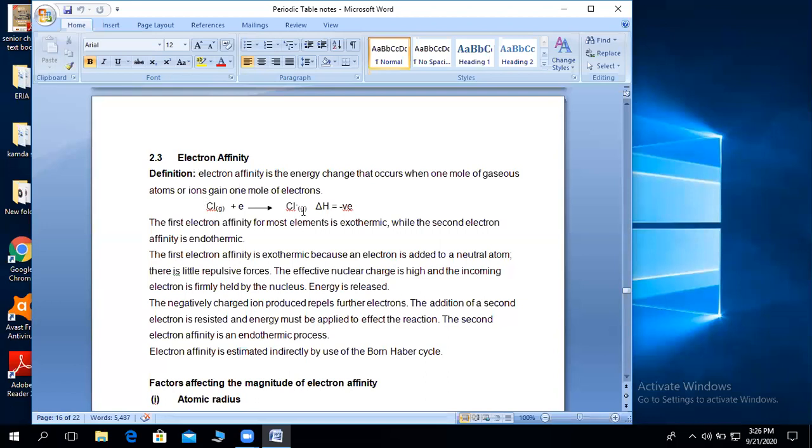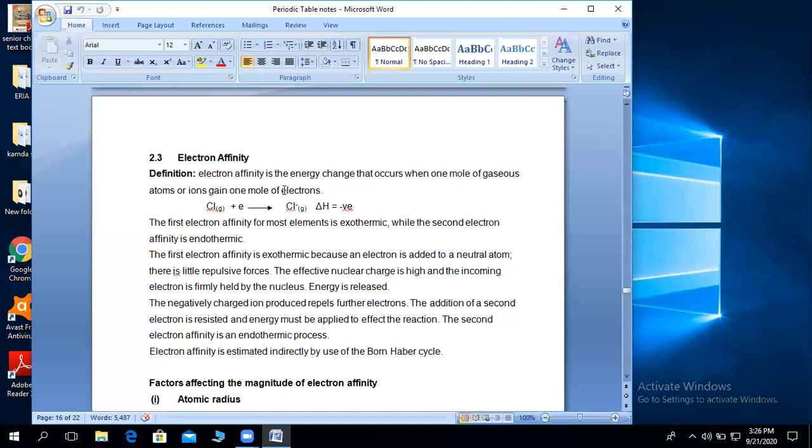So electron affinity, it is the energy change that occurs, or the heat change, or the enthalpy change. They still mean the same thing. The energy change that occurs when 1 mole of gaseous atoms or ions gain 1 mole of electrons, or gain an electron.